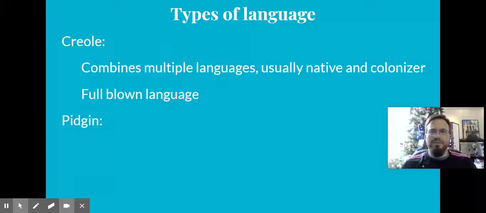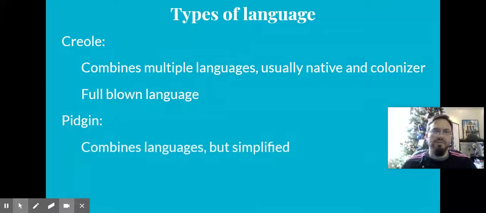Next up is the somewhat confusing Pidgin language. Pidgin languages are often confused with Creole because Pidgin is a combination of languages. However, Pidgin languages are highly simplified combinations. Usually, there's something that you might refer to as like caveman speak. The idea is that two different people who speak different languages are able to communicate in bits and pieces of each other's languages to get across a basic idea, such as you want, you buy $5.